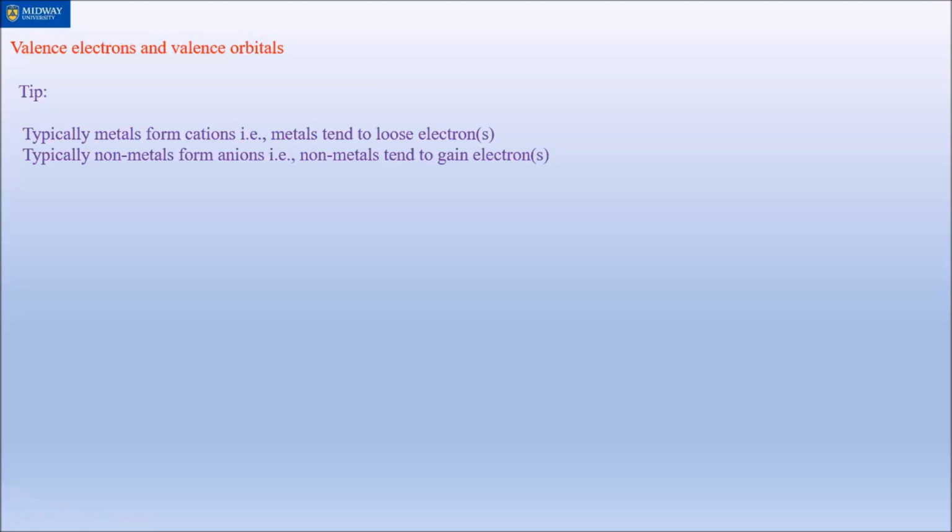Ultimately, an element has only a certain number of electrons available for use, as we saw in the previous video. We cannot just lose as many as we want, or gain as many as we want, or put them anywhere we like. So how can we quickly determine how many valence electrons are available for use?